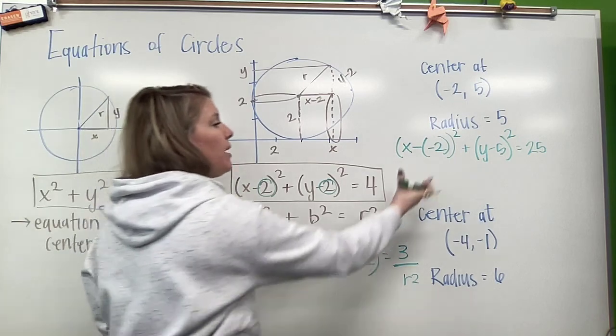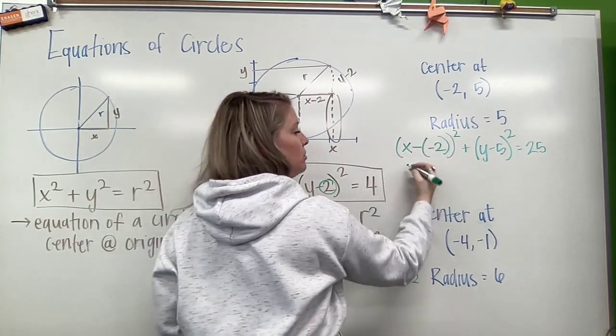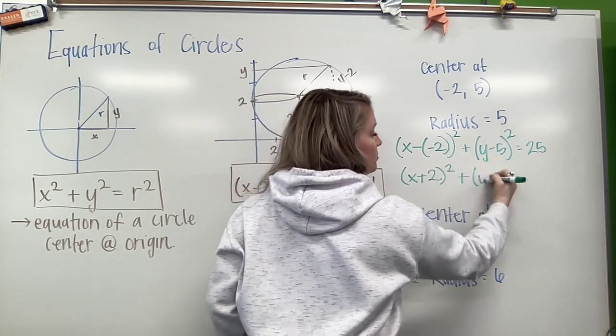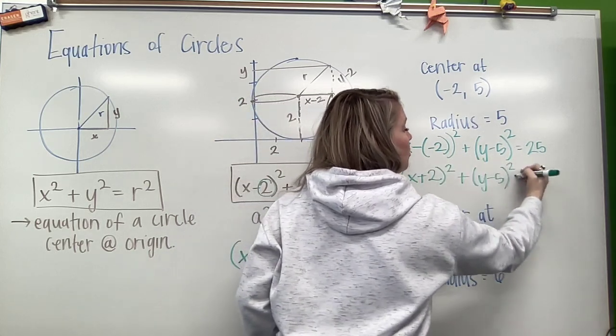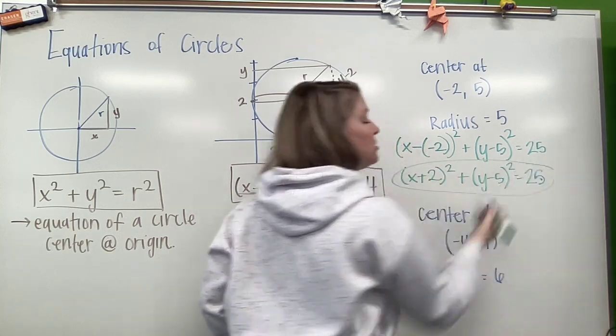But here, I can go ahead and simplify this a bit. I have x minus negative 2, so that becomes x plus 2 squared. And that is the equation of that given circle.